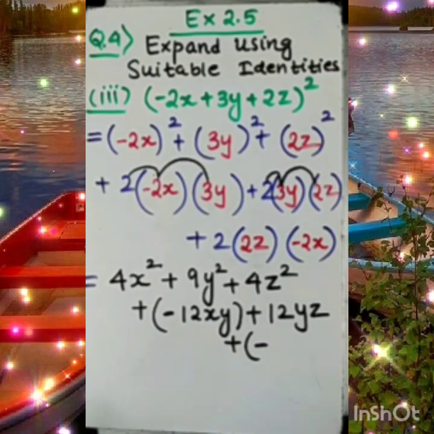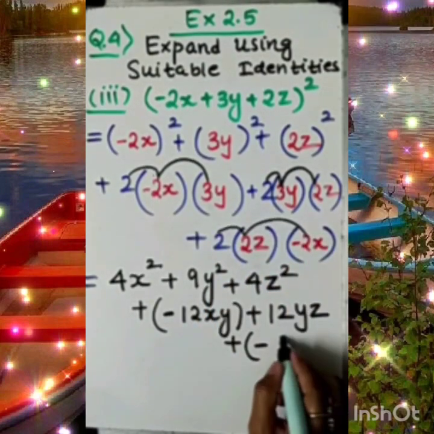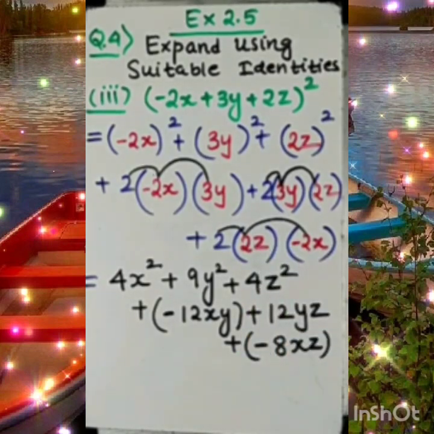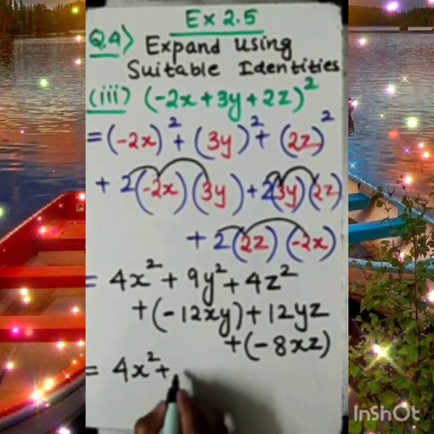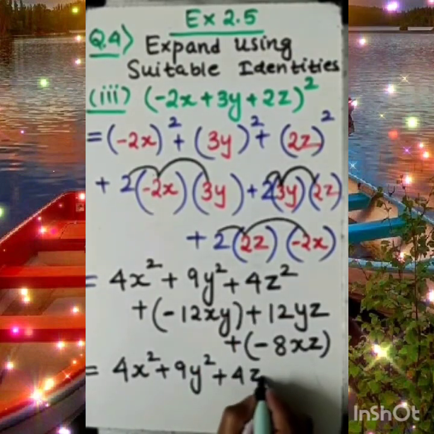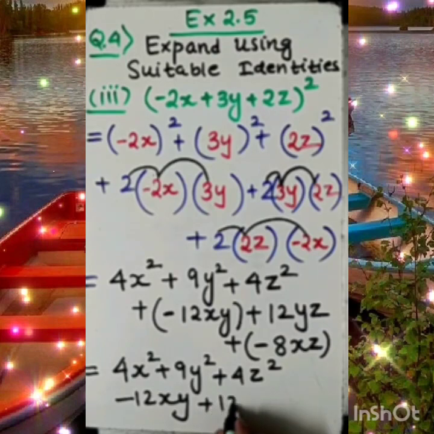So let me write it in brackets. So dear student, 2 2s are 4, 4 2s are 8, z into x. Either you can write xz or zx, it doesn't matter. So let's write the final answer: 4x squared plus 9y squared plus 4z squared minus 12xy plus 12yz minus 8xz.